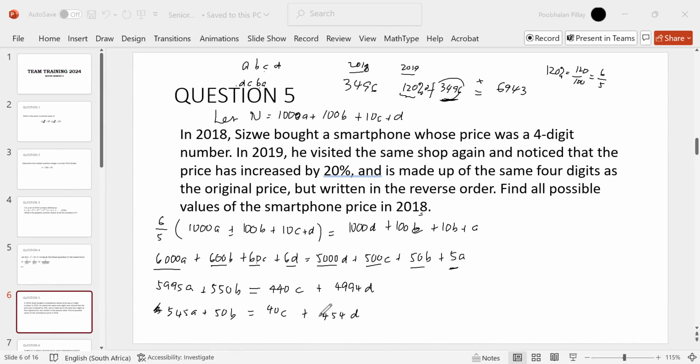That horrible looking thing there is looking a little bit more dignified here. Now comes the observation. You see, I've got 545, I've got 50, I've got 40. There's a nice common thing here. You can see 5 is a multiple of all these. If I take the 40C to that side, you can take out 5 as a factor. In other words, 5 is a factor of this one here.